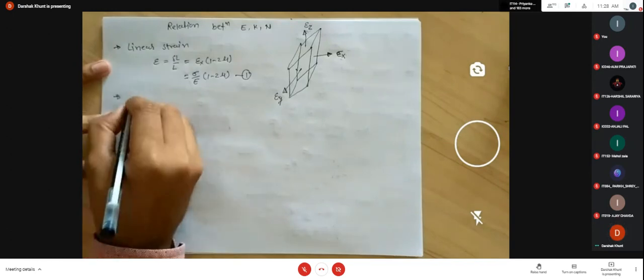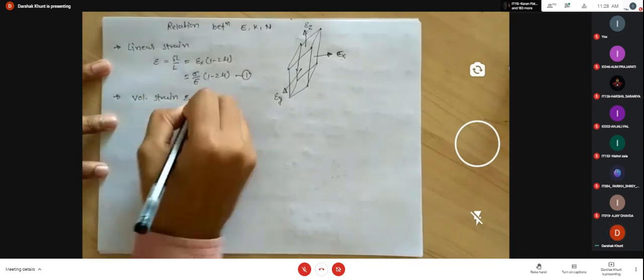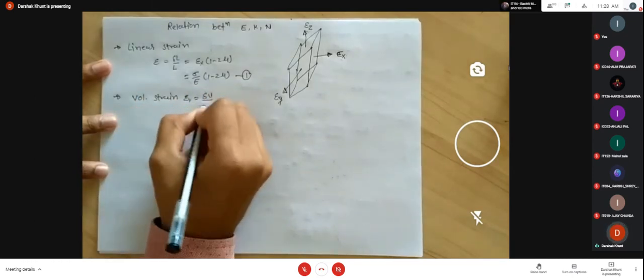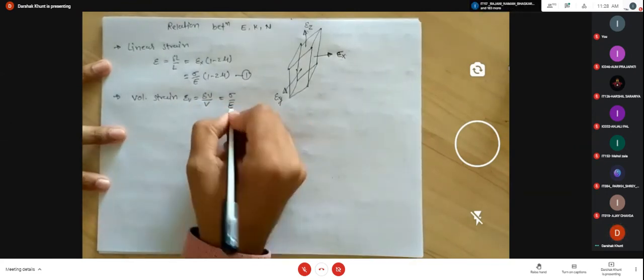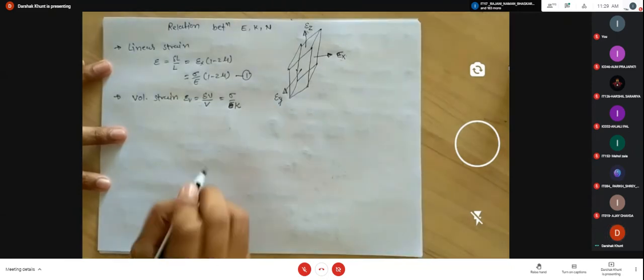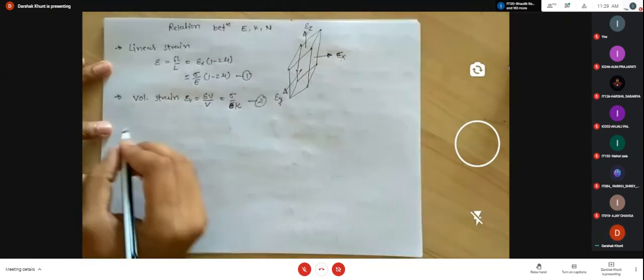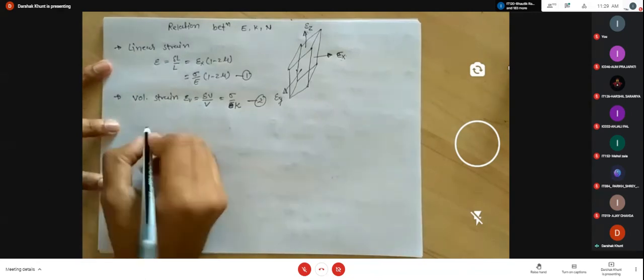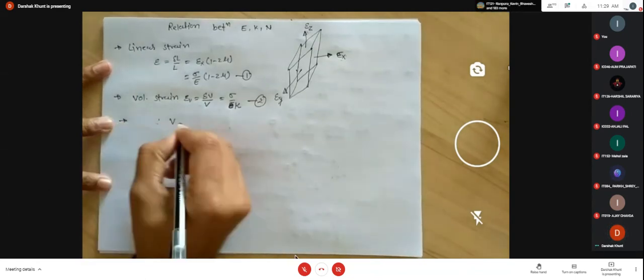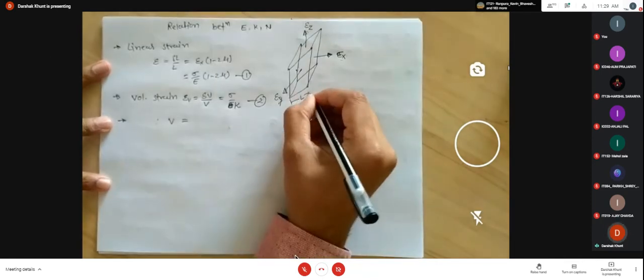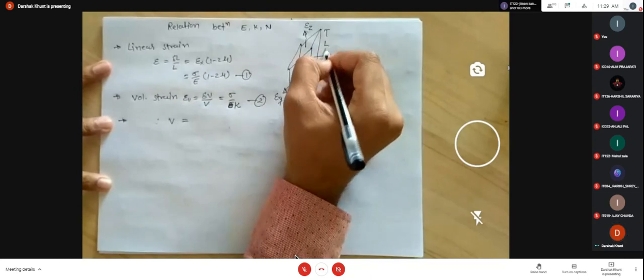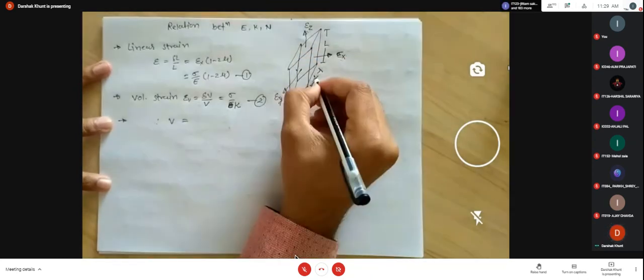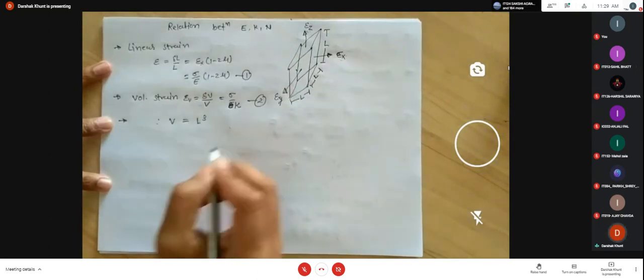Now, volumetric strain is defined by change in the volume by original volume, and defined by stress by K, the bulk modulus K. So that is number 2. Now suppose the length is L, width is also L, and depth is also L. All three dimensions are L. So the volume is L cube.